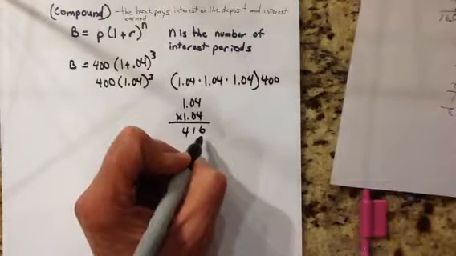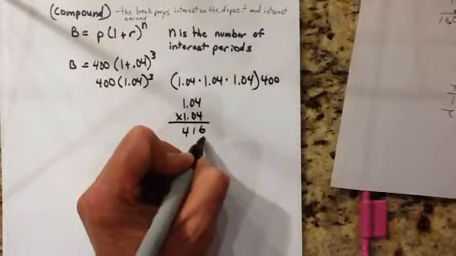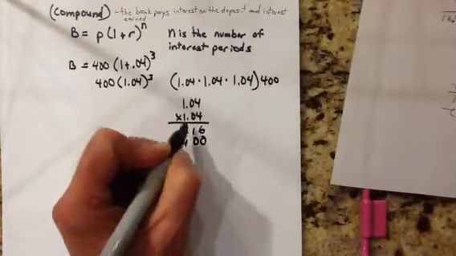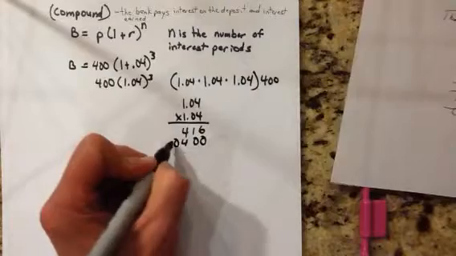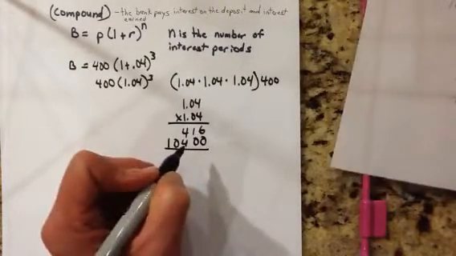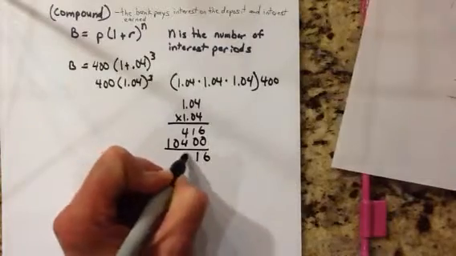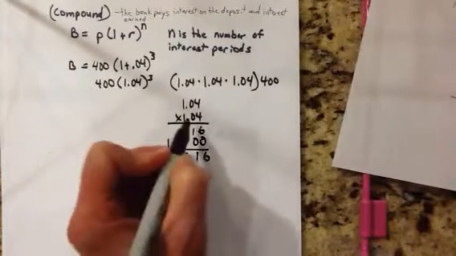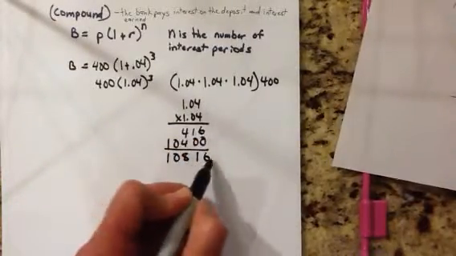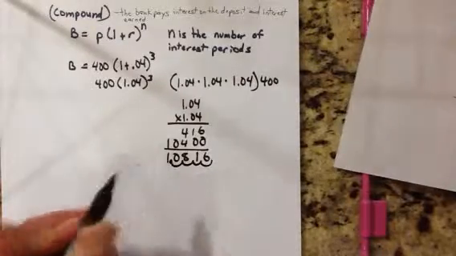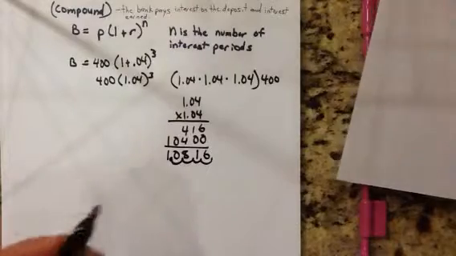And then 1 times 4 is 4, 1 times 0 is 0, 1 times 1 is 1. So I get 6, 1, 8, 0, 1. 1, 2, 3, 4 behind the decimal. Okay, so my new decimal is here.